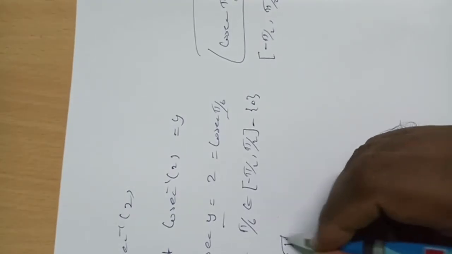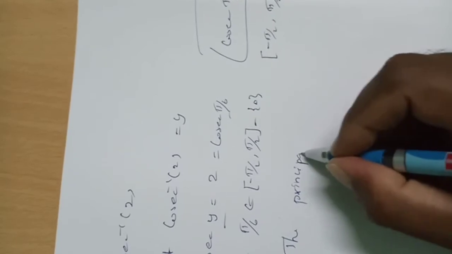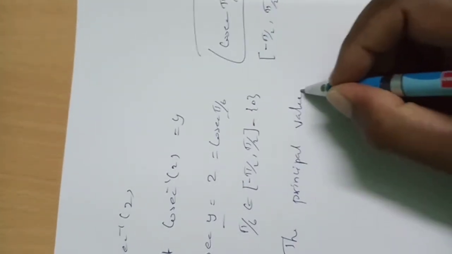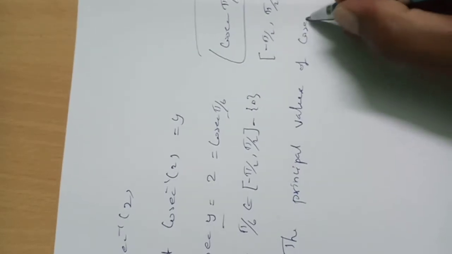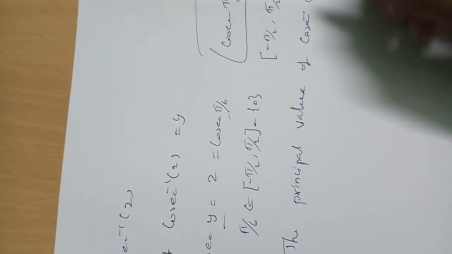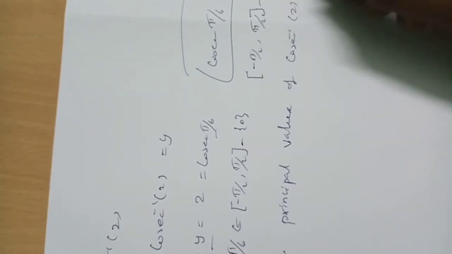Therefore, the principal value of cosecant inverse 2 is equal to pi by 6.